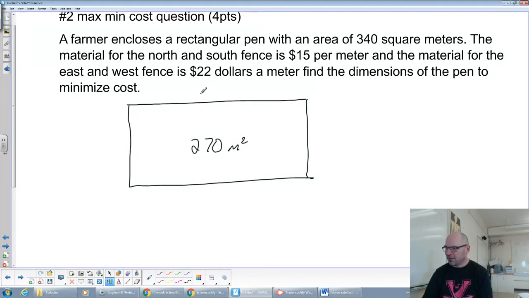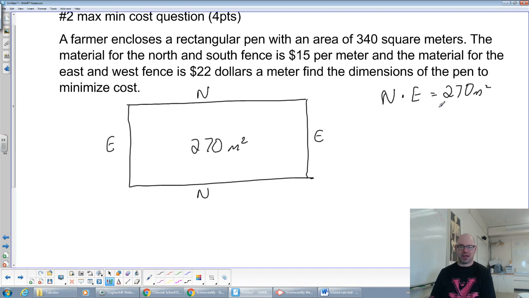And let's say the north-south line is so many meters, and the east-west line is so many meters. So we know that the north-south times the east-west equals 270 square meters.